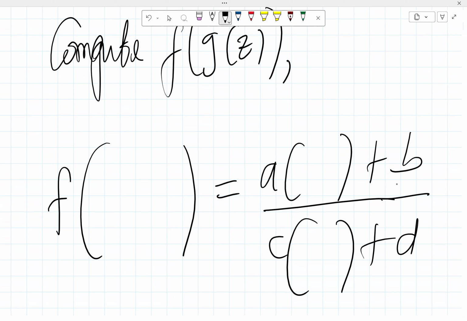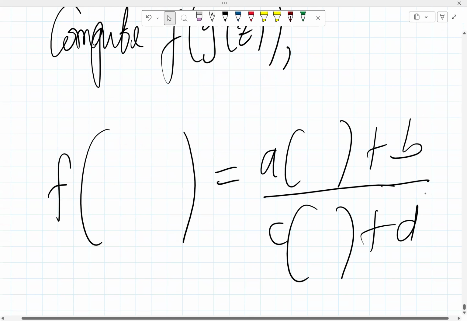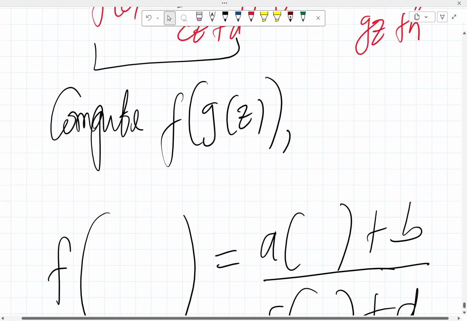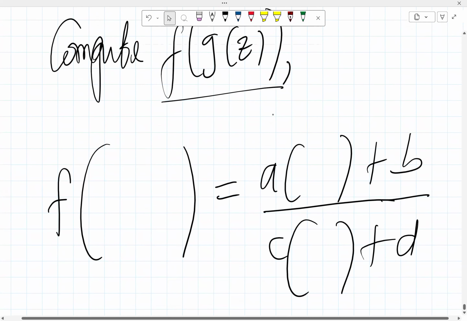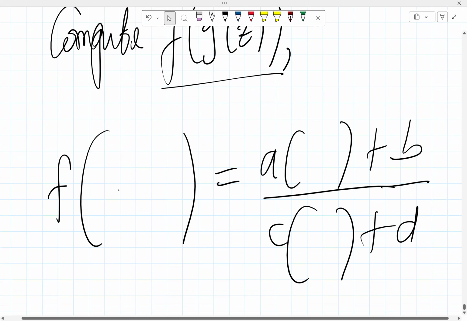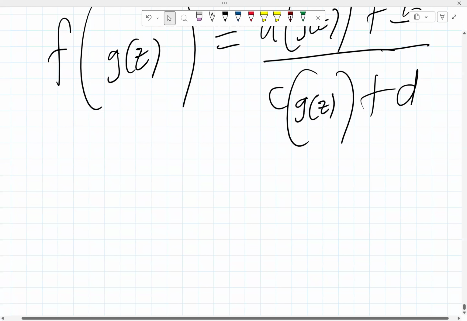I like to put it that way, to avoid confusion. Now we want to look at f of g of z. Instead of putting z there, we have g of z going in there. So f of g of z will now be a of g of z plus b all over c of g of z plus d. I think that helps to make it clearer.